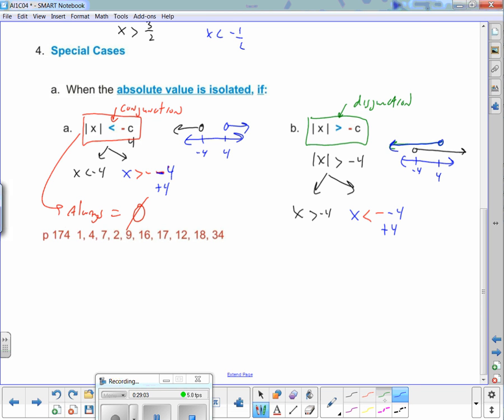If you think you know the answer, say it on the count of 3. 1, 2, 3. It is all the real numbers. And if we were to graph it, we would graph the whole line, right? Always. It's always all the real numbers.